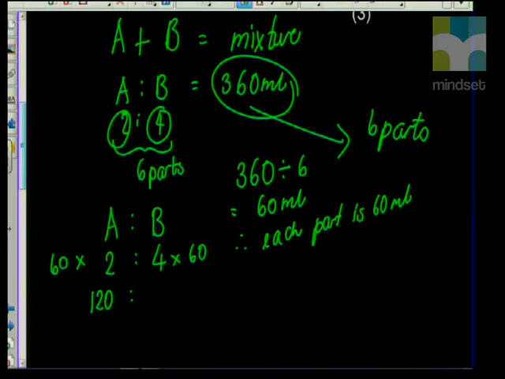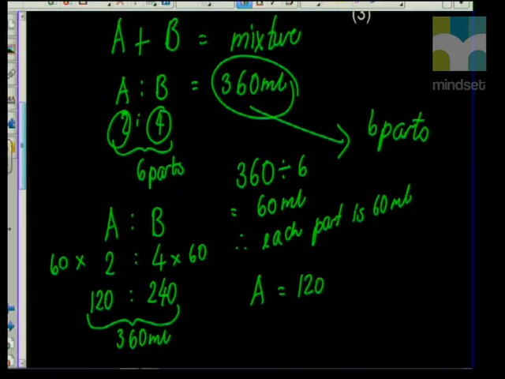And 60 times 4 is 240. And together, if I add these together, it should give me 360 milliliters. So now I can say A is 120 milliliters and B is equal to 240 milliliters. And because they add up to 360, I know that I'm correct.